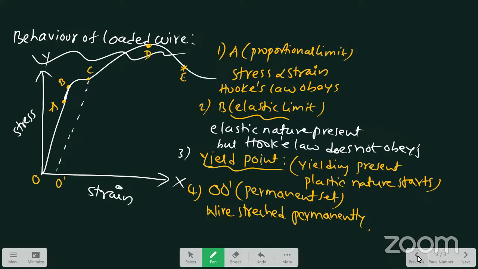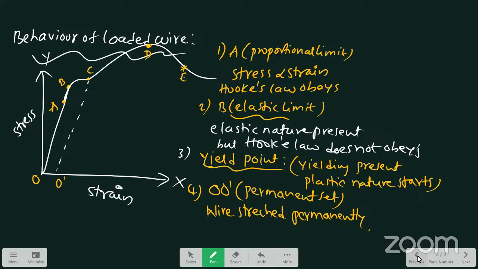Next, D point. D point is nothing but the tensile point. What is the meaning of D here? In the absence of stress, elongation is more, meaning the wire is ready to break.